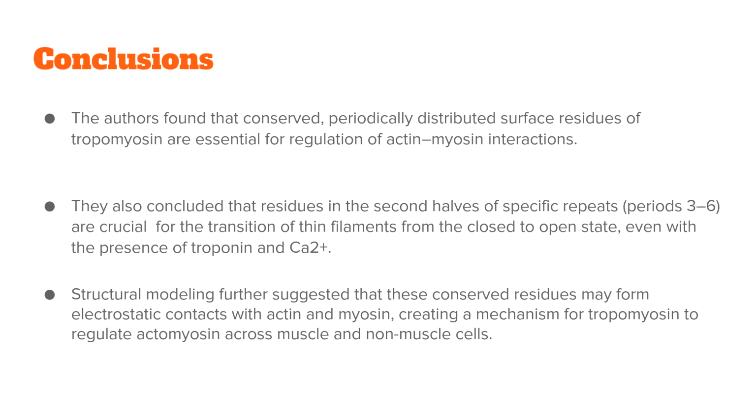They also concluded that residues in the second halves of specific repeats, like period 3 through 6, are crucial for the transition of thin filaments from the closed to open state, even with the presence of troponin and calcium. And then finally, as we saw in the cryo-EM model, structural modeling further suggested that these conserved residues may form electrostatic contacts with actin and myosin, which in turn creates a mechanism for tropomyosin to regulate actomyosin across muscle and non-muscle cells.